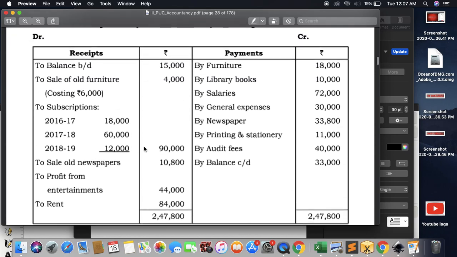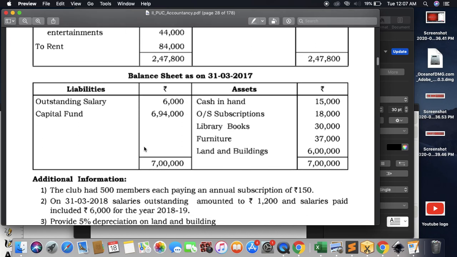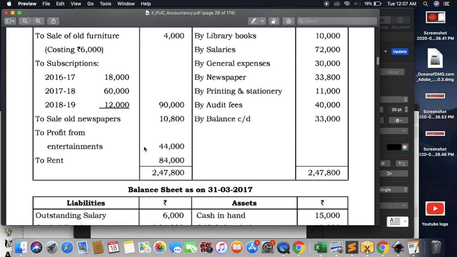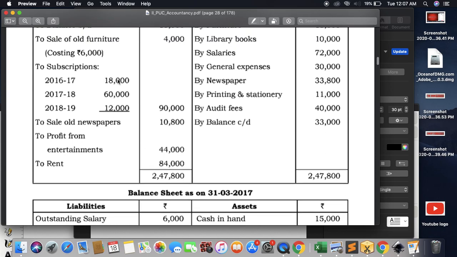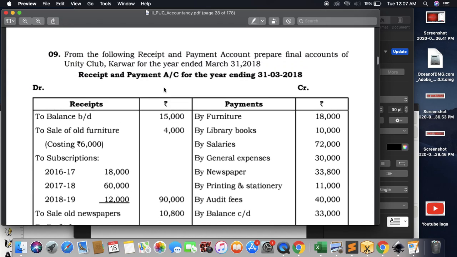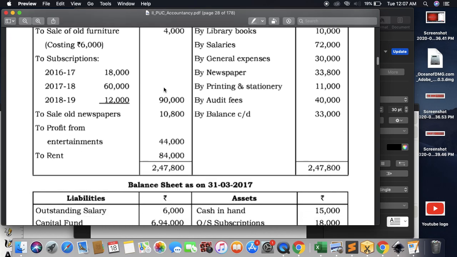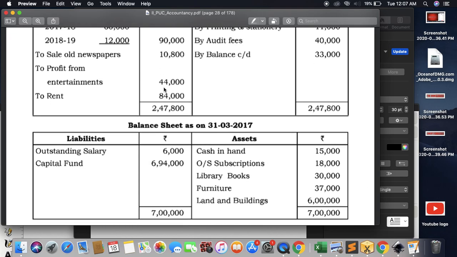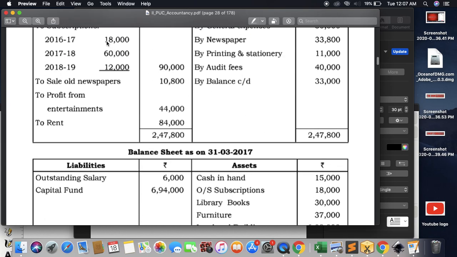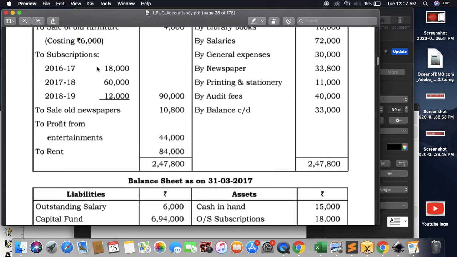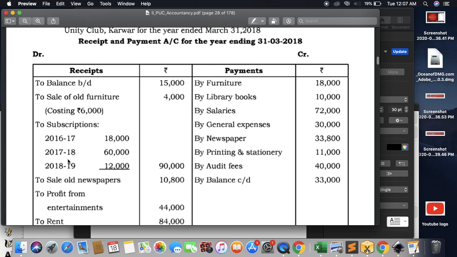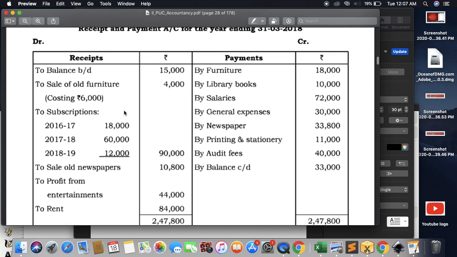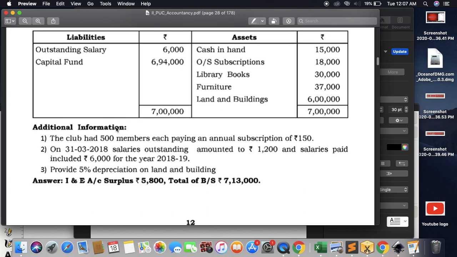So let us see one more example. Here again they have given the breakdown. Last year's outstanding was 18,000, which is given here. We are calculating this for 17-18. That's 60,000. Let's see if there is any outstanding subscription.